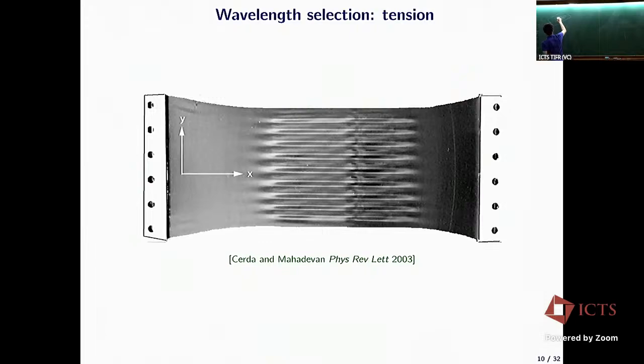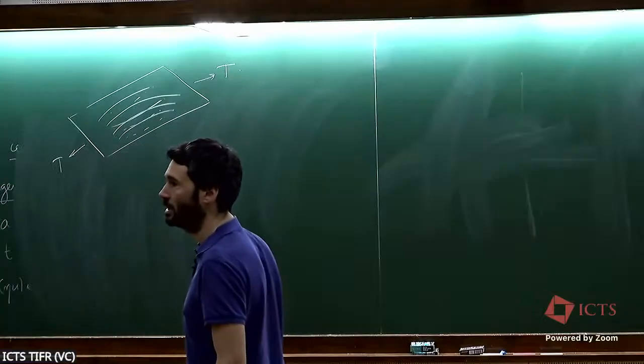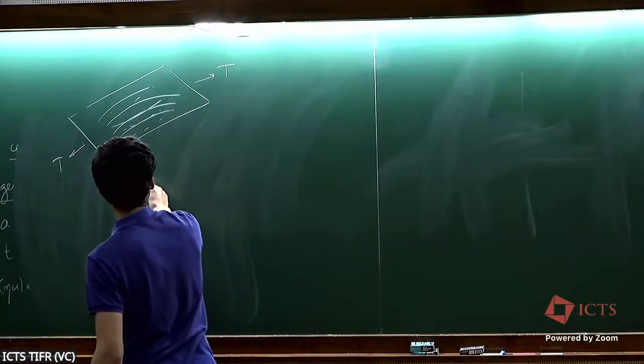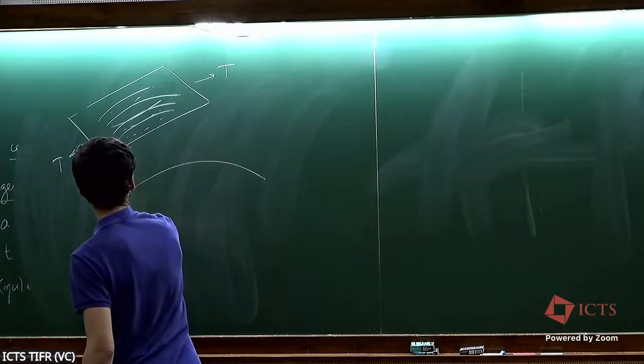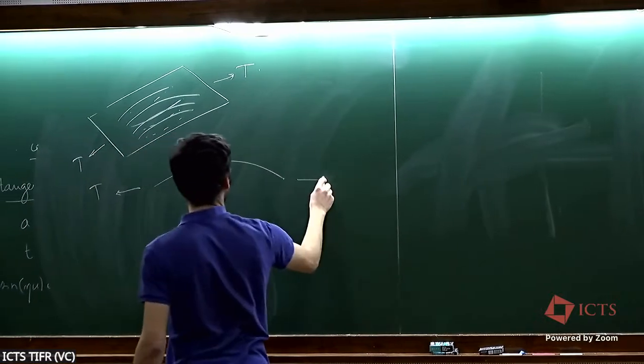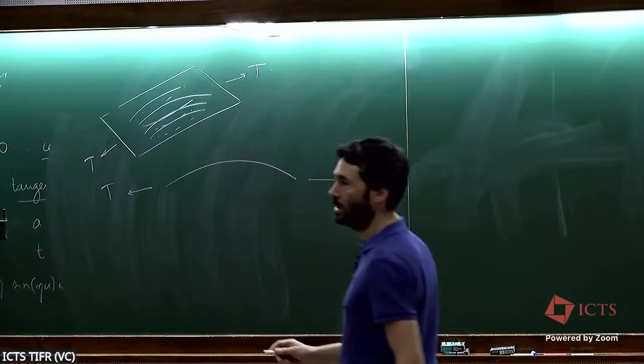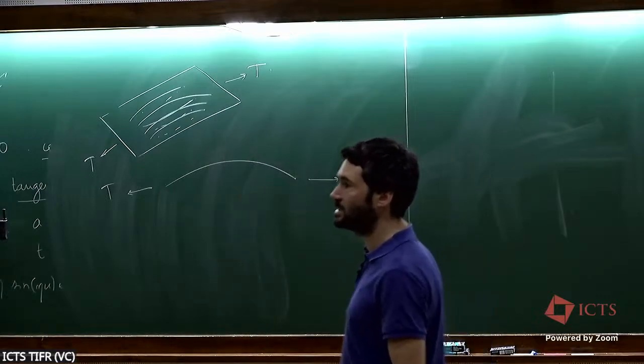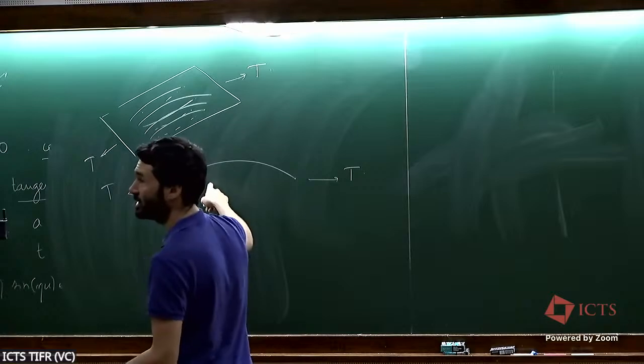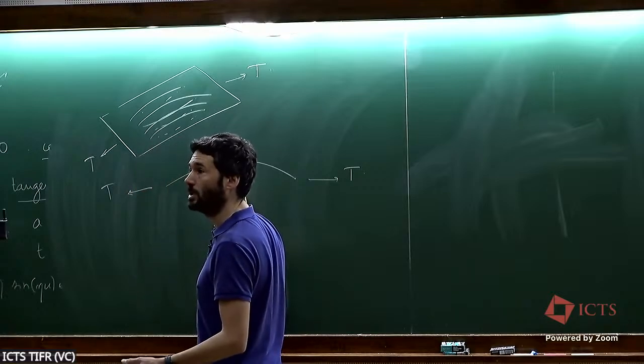Okay, but then since you apply some tension in the sheet, when you look at a wrinkle from the side, you will see this with the tension here. And this has an energetic cost because you extend the material by creating the wrinkle, actually.